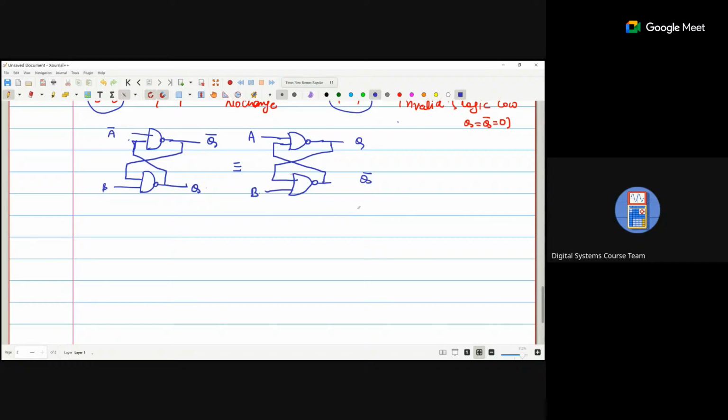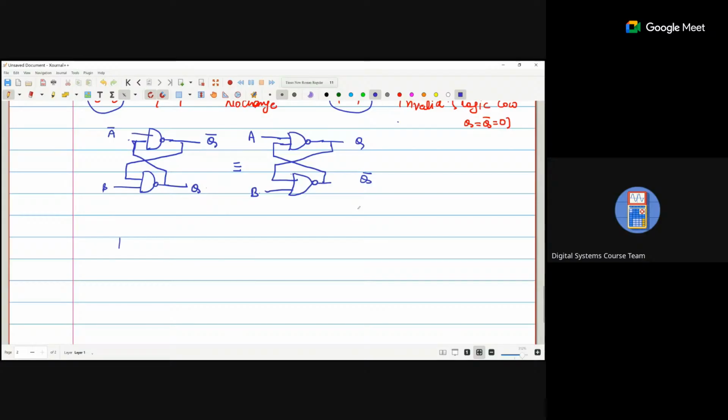This is the problem. So we require one more stage where we apply the clock first, because there are already two inputs that we use. Generally, we use two-input AND gates, NOR gates. So we already use the two inputs. Now we require a clock first.